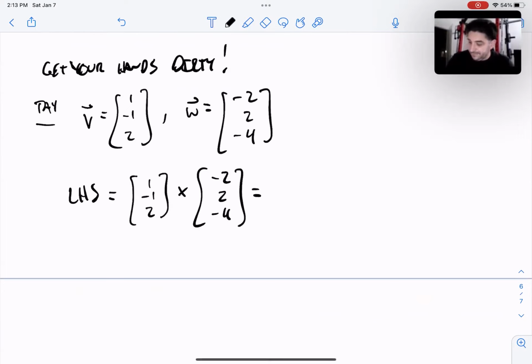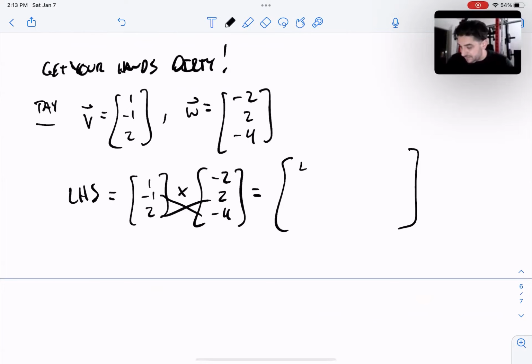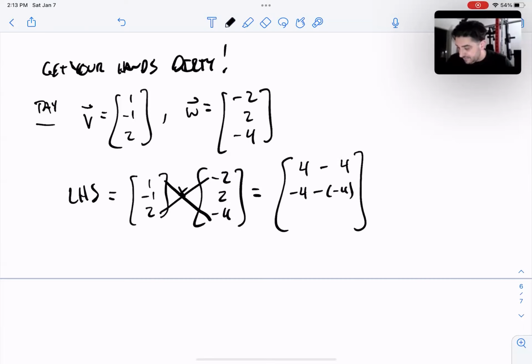Okay, so now I do the cross product, and what do I get? Well, I start with this one, right? What is that going to be? 4 minus 4, right? Then this one is going to be negative 4 minus negative 4.